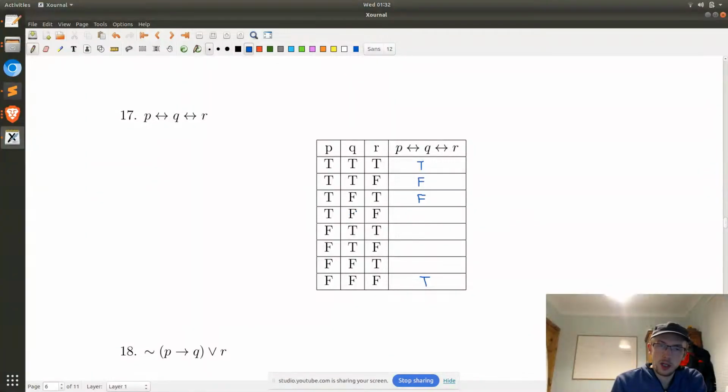True if and only if false. Okay, just cut down on the workload. So, false, false, false, true. False. False.